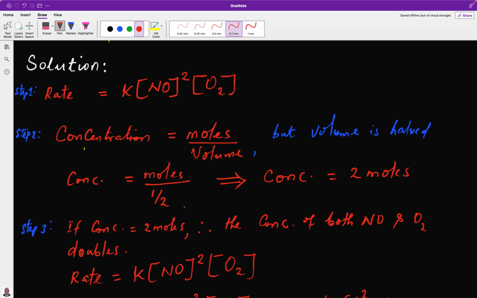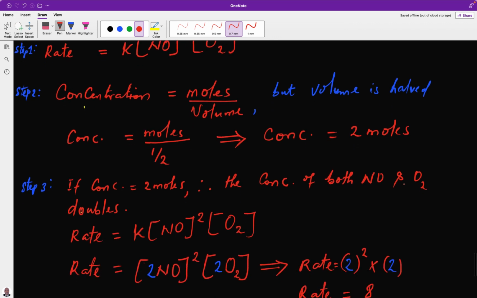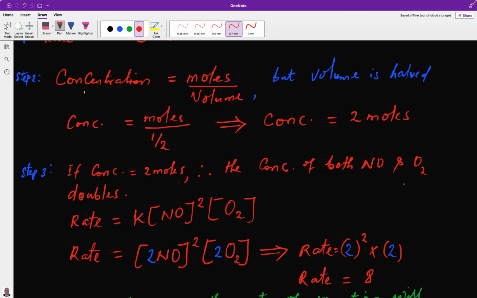Now, rearranging this, our concentration will be 2 moles, that is 2 moles of each of the reactants. So if the concentration equals 2 moles, then the concentration of both NO, nitrogen monoxide, and oxygen will double. So going back to our rate law, we write the rate equation just as in the first case, then substitute the value of the new concentration.